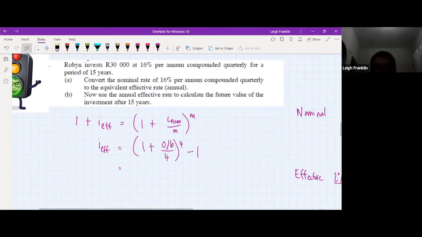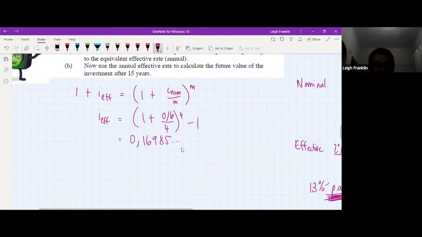I end up with 0.16985..., which when you multiply by 100, you get a rate of 16.99%. Is that making sense to everybody?